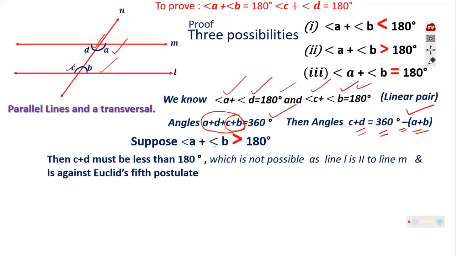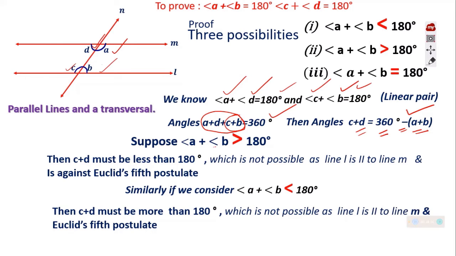That is not possible, because according to Euclid's fifth postulate, when line L is parallel to line M, the interior angles formed on either side of the transversal create supplementary angles. So it cannot be less than 180. If angle A plus angle B is more than 180, this cannot stand.